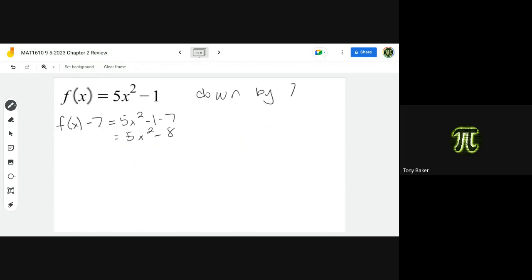That's why, if you notice when I did it, which most people will not do, I do it to the f of x first, and then it shows you what you have to do to the actual equation. Okay?